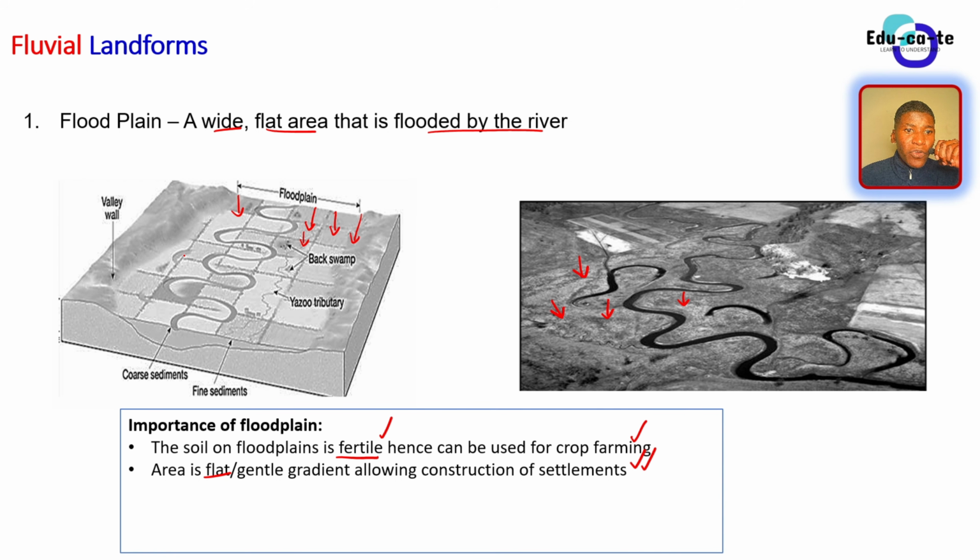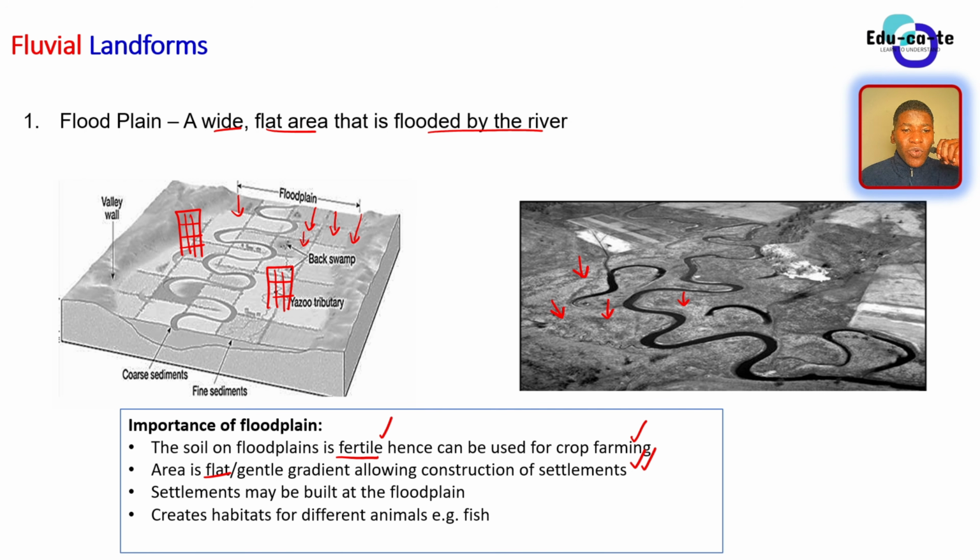You can see buildings around the rivers. You can see people who wake up and look at this beautiful view of a river, just like me, because I stay in the rich neighborhoods and whatnot. So you can build settlements in the flat plain, because it is flat and has a gentle gradient.